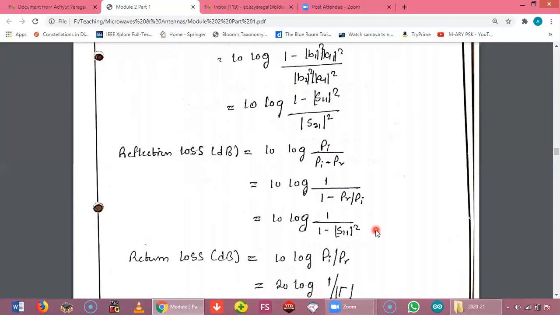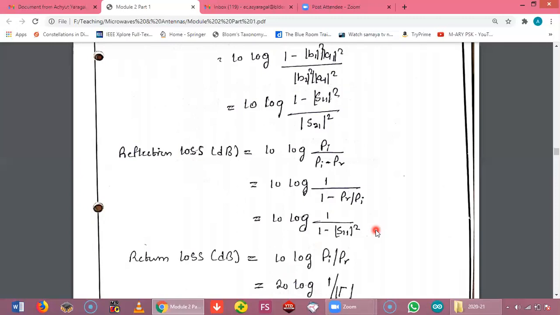Then thereafter we tried to understand scattering parameters. First we need to understand the input power at the nth port and the output, reflected power at the nth port. Then we tried to understand the incident and reflected waves with the normalized waves, A1, B1, A2, and B2, and how the incident wave and the reflected wave relate at the different ports. Then we tried to understand how much net power is being transmitted from any port.